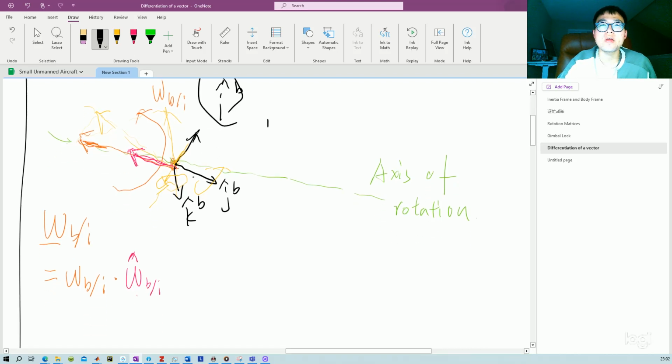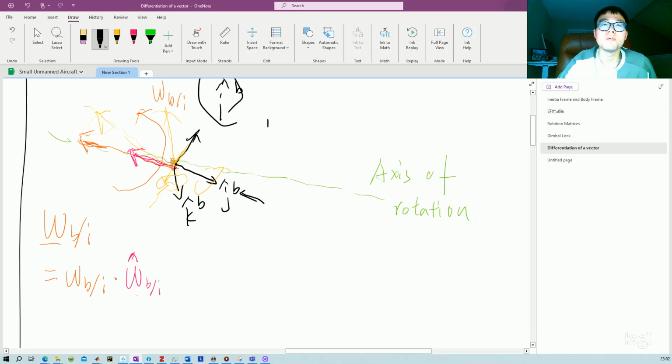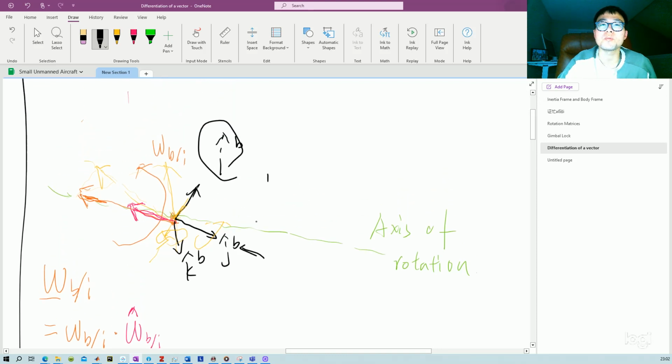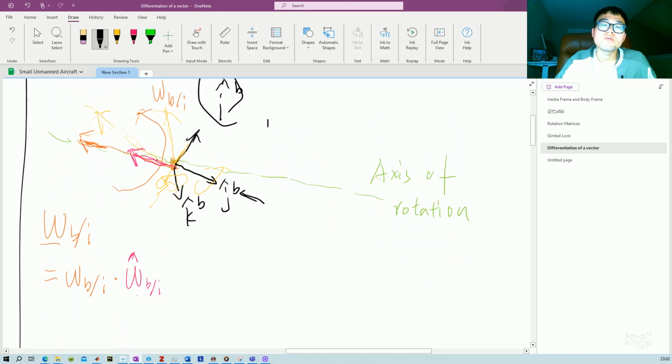And this frame, we usually use B as the body frame, which is a rotating frame, and we had a video covering the body frame and the inertia frame as well, and we use I as our inertia frame, which essentially doesn't move. If you're not clear about the concept, please review the video talking about the inertia frame and body frame.